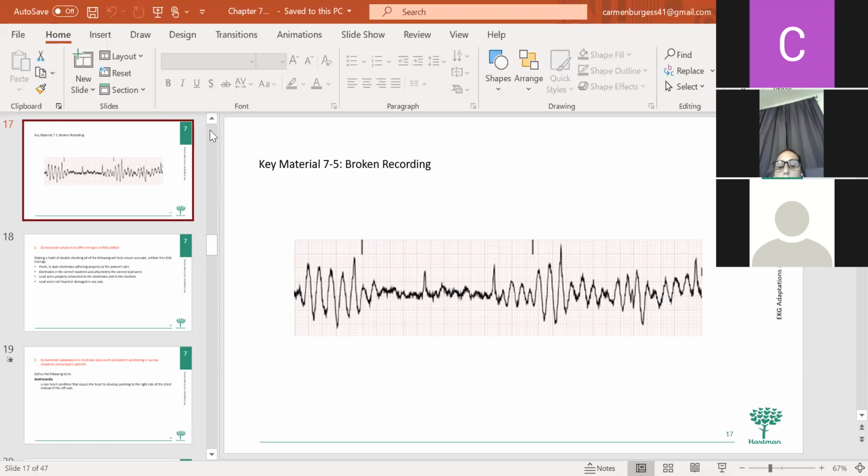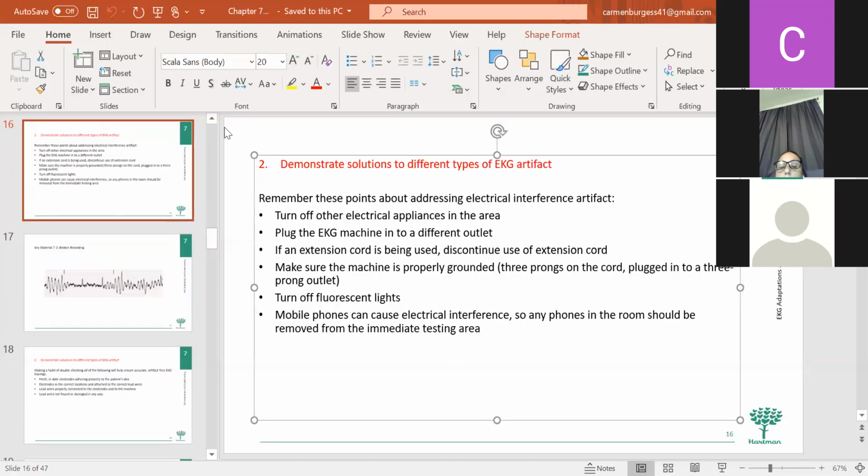Maybe their heart's kind of weak. And so when you put those electrodes on to get a reading of their electrical activity, it's literally getting a reading of everybody's electrical activity in the room. So you just tell everybody to take their phones out. That's all you can do, try to fix that electrical problem.